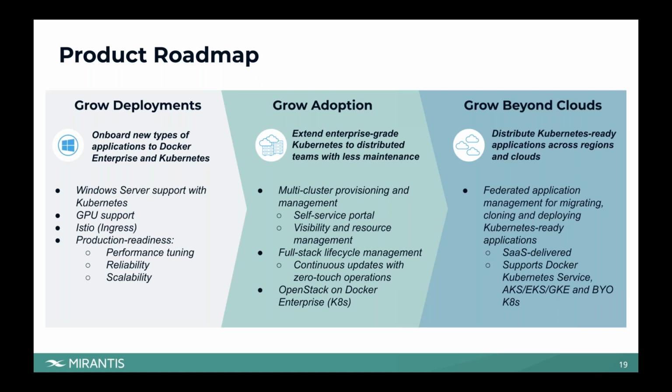In the near future, you'll see us focus on lifecycle management from a platform day two perspective, multi-cluster management, both from a provisioning and configuration management perspective. And finally, you'll see us focus on federated application management for migrating, cloning, and deploying Kubernetes-ready applications.